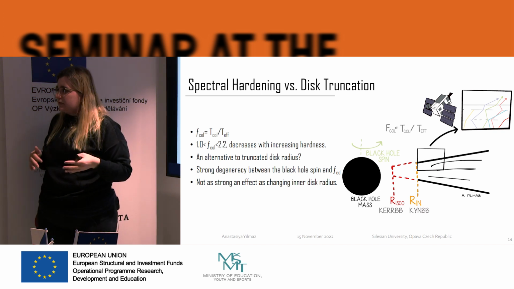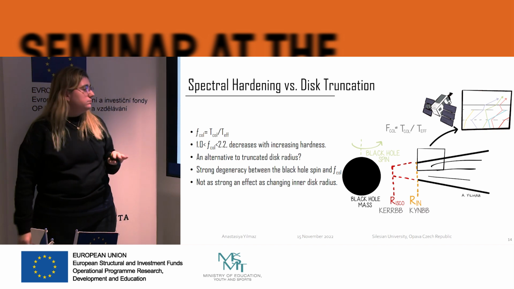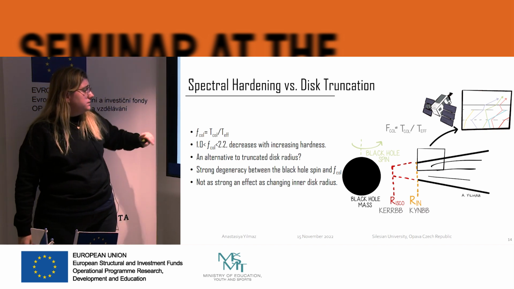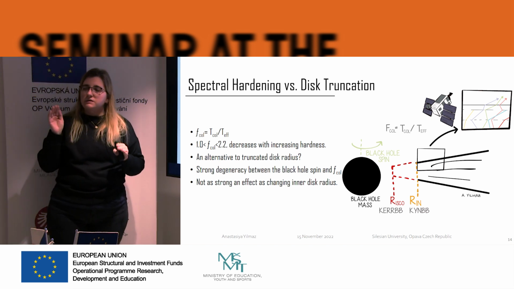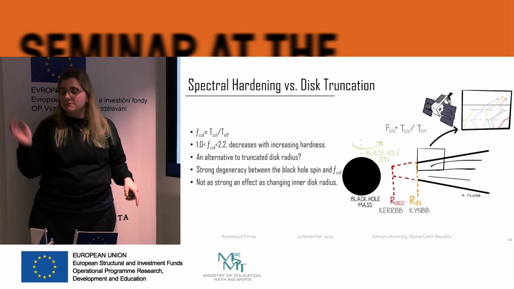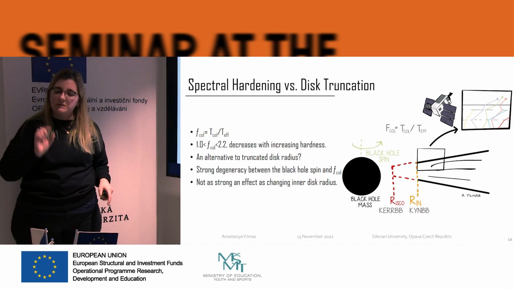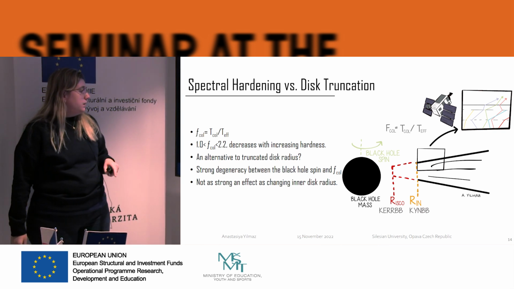It's kind of impossible to test this theory with the models that we have right now, so it's still a big question mark. As I said, there's a strong degeneracy between the black hole spin and the color correction factor, so it's still not really reliable to say, okay, I can measure this color correction factor from this specific observation and it's 1.9.